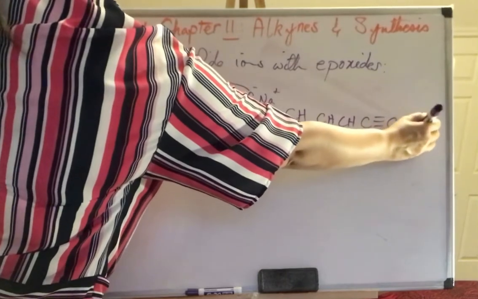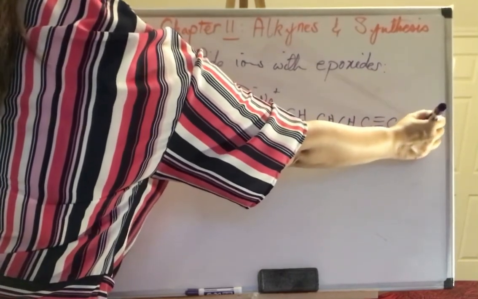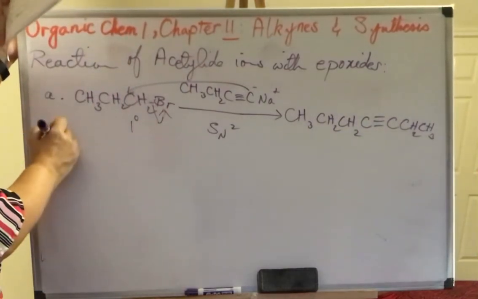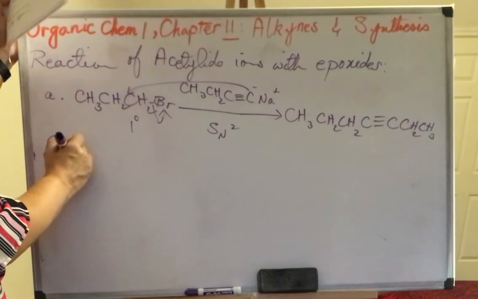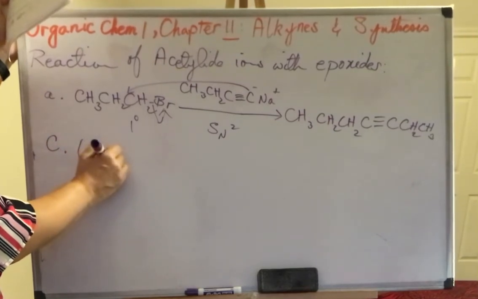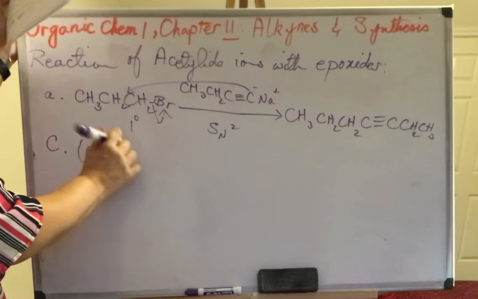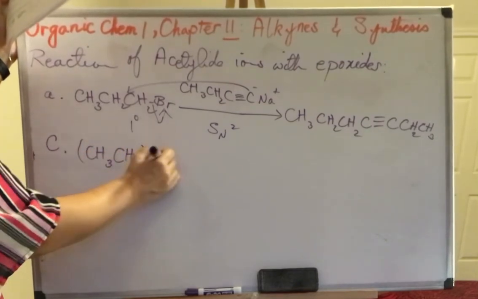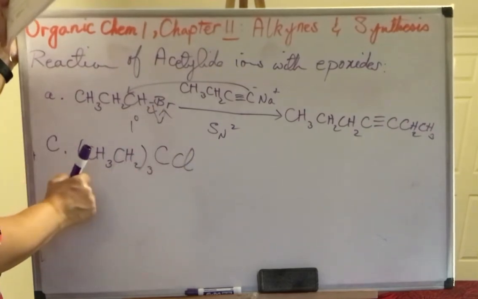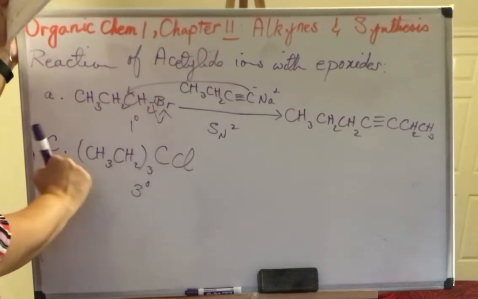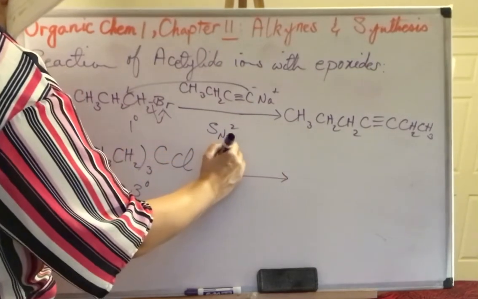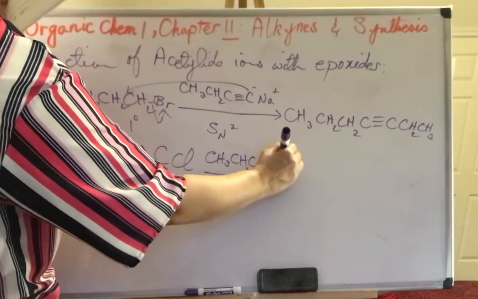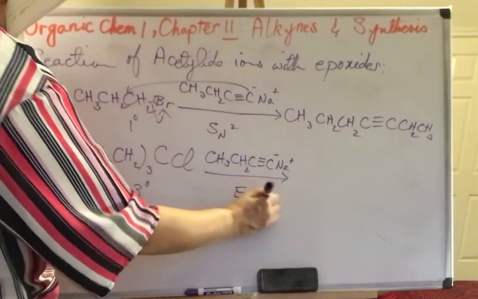C, CH2, CH3. Be careful about the octet of the carbons. Don't put CH3 here in the middle. For C, CH3, CH2, if you draw its structure, it's a tertiary alkyl halide. So with this compound, you will end up having an E2 reaction.